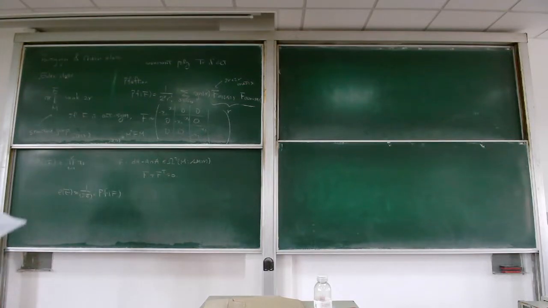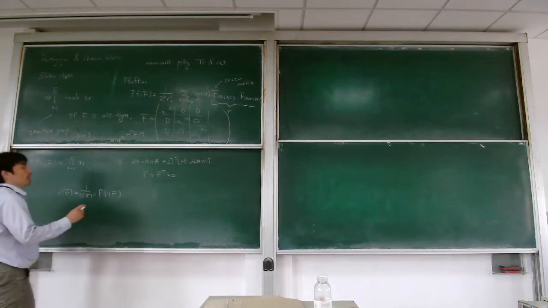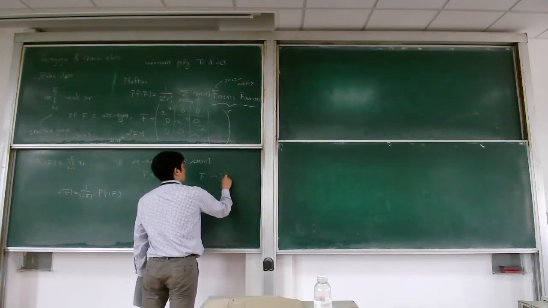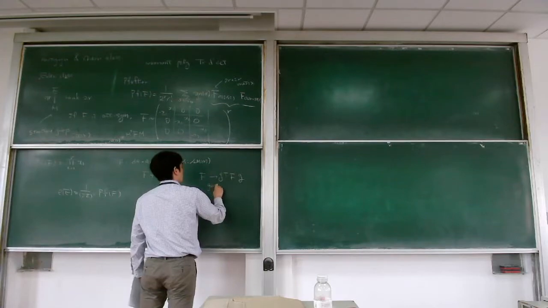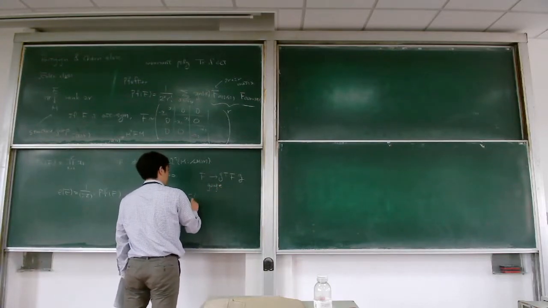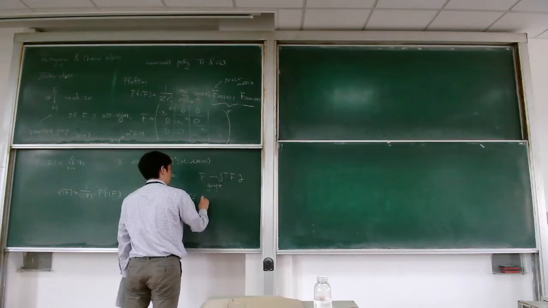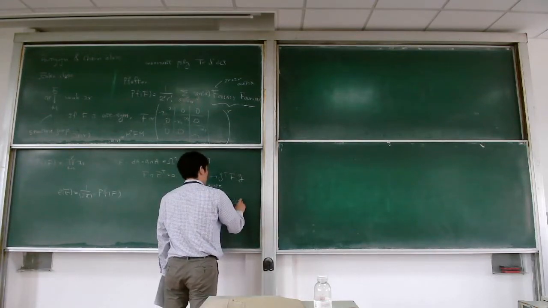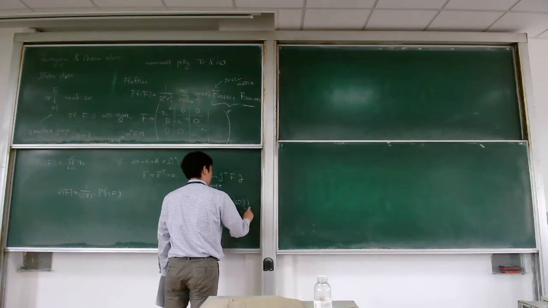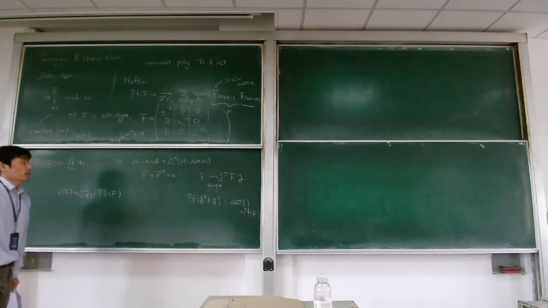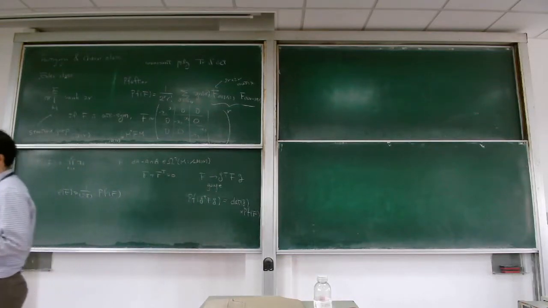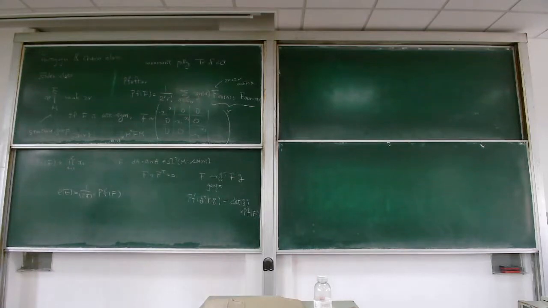Oh, sorry, I forgot to mention one thing. The gauge transformation acts as G transpose F G. So the Pfaffian of G transpose F G is equal to the determinant of G times the Pfaffian of F. In this case, the structure group is SO(2R), so the determinant is equal to 1.